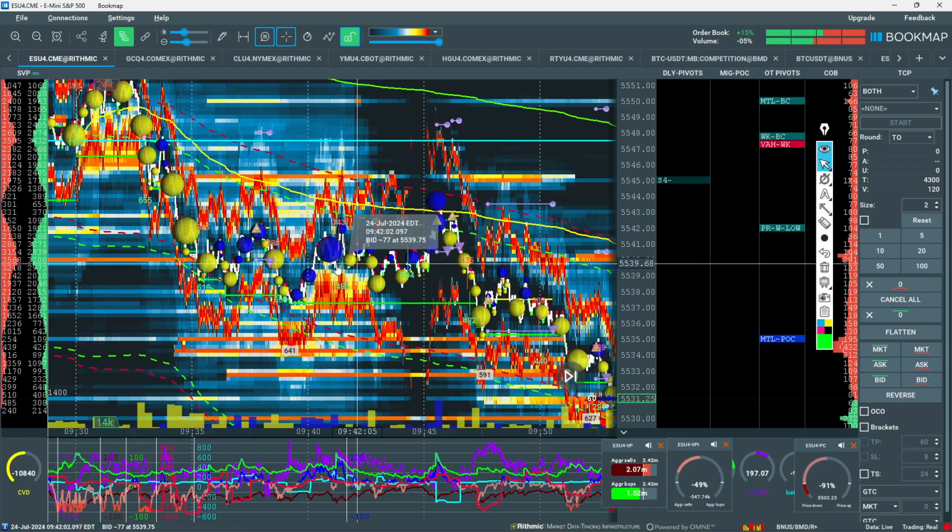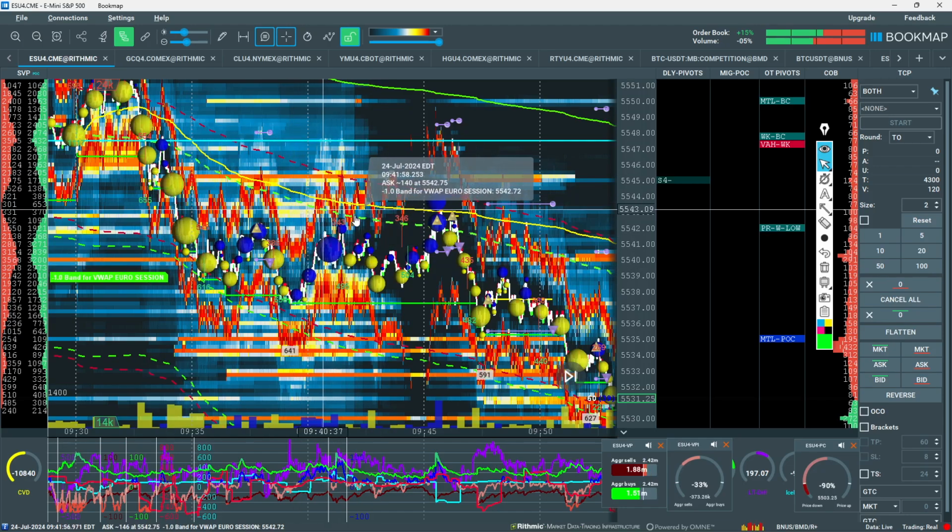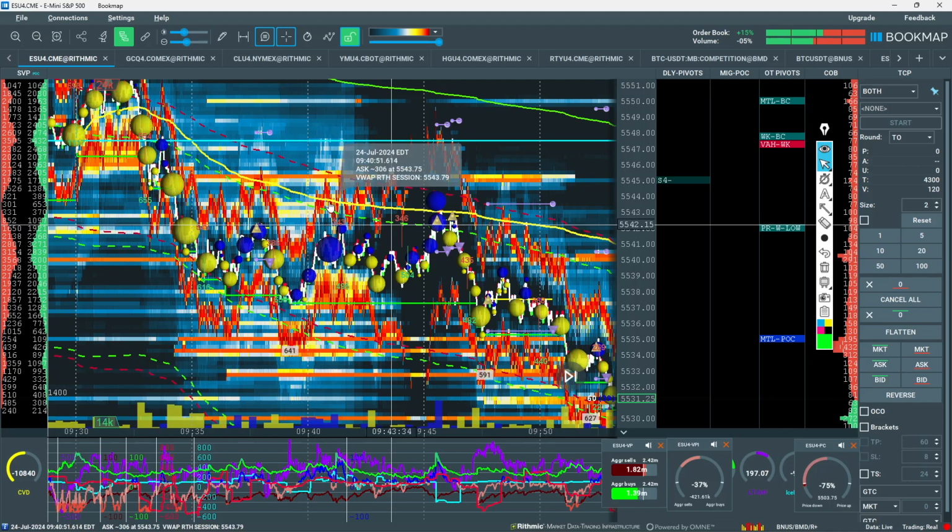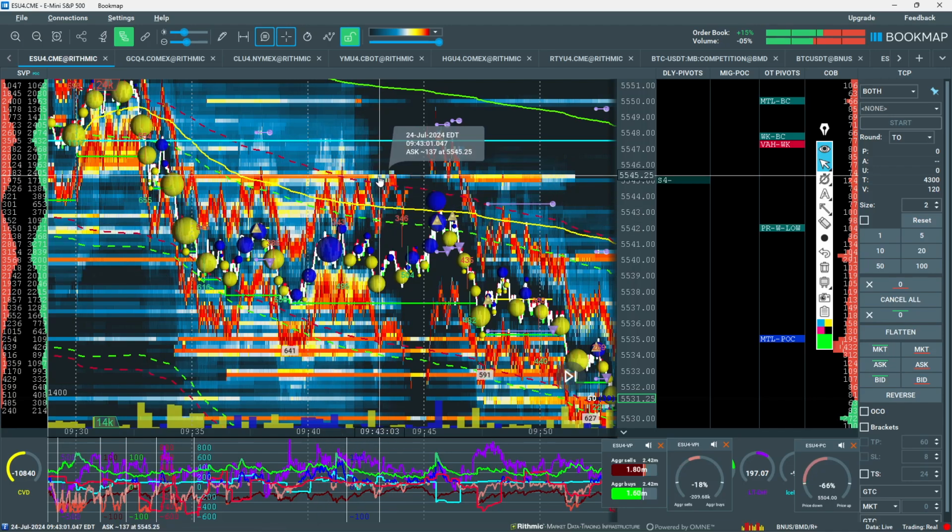If we're below these V1 and V2s, minus V1 right here for the European session, coupled with, let me just show you, minus V1 RTH session, European session minus V1. In the Black Sun strategy, we're looking for rejection and continuation in a strong downtrend.